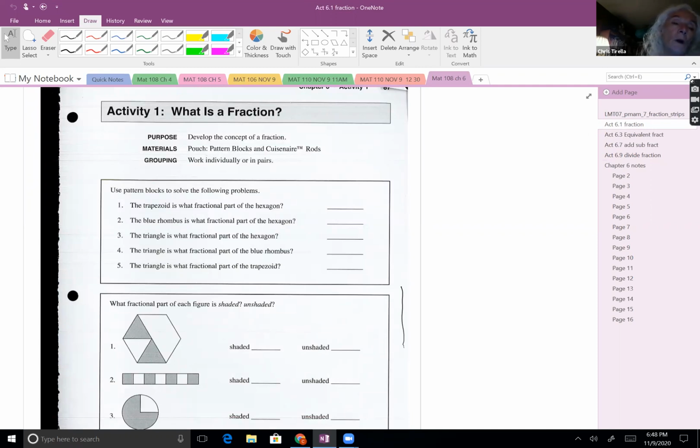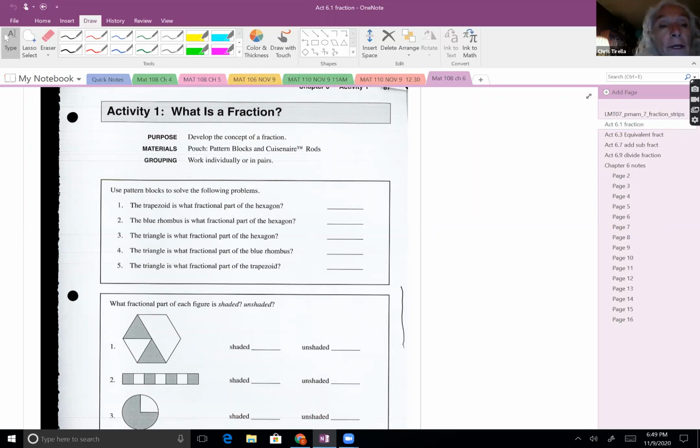And so activity 1 and activity 3, if I'm not mistaken, both deal with, actually, no, I take that back. Activity 1 deals with the definition of fractions.